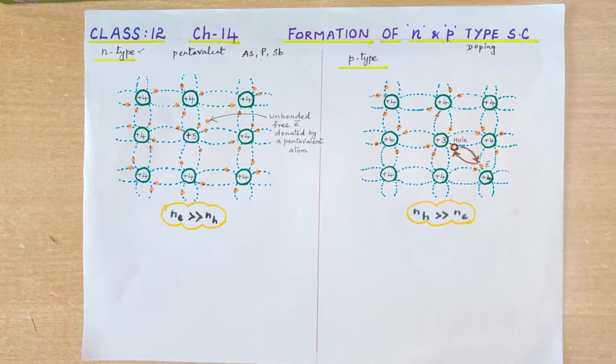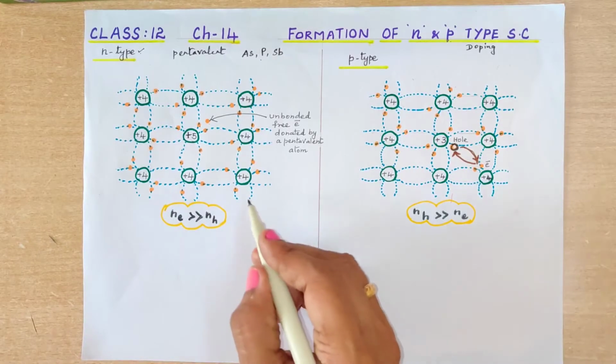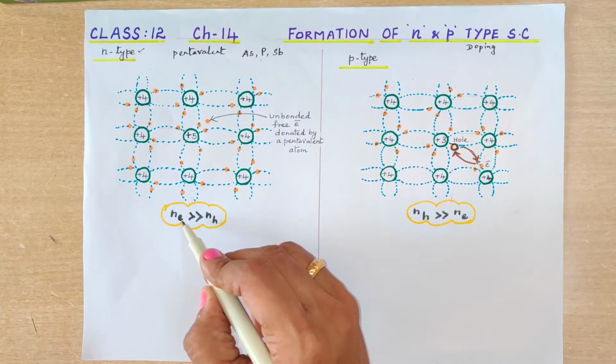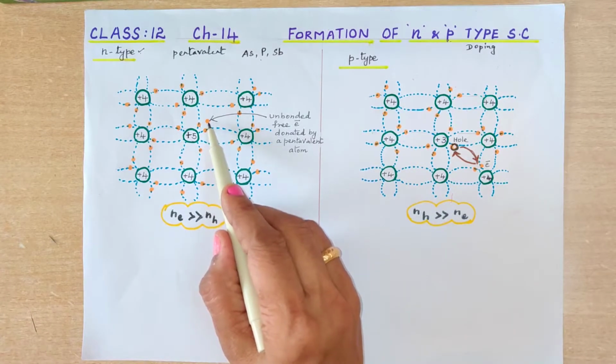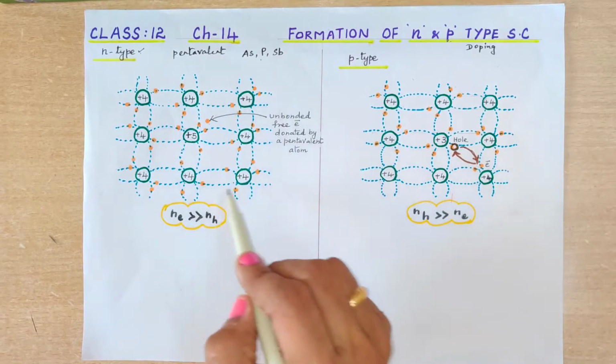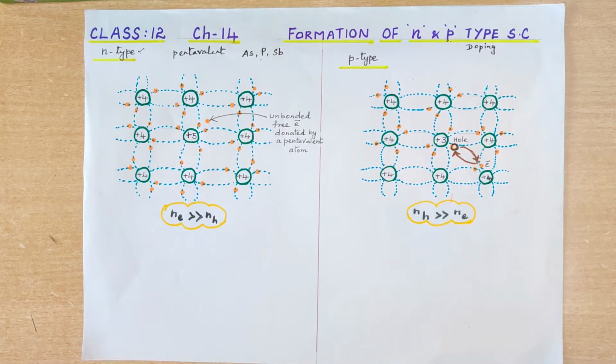The holes are purely created by the jumping of electrons from one energy level to another energy level, that is, due to the vacancy created by the electrons. But here in this case the electron number is more. Why? Because the electron contribution is due to thermal agitation as well as due to the adding of pentavalent element with this silicon or germanium atom.